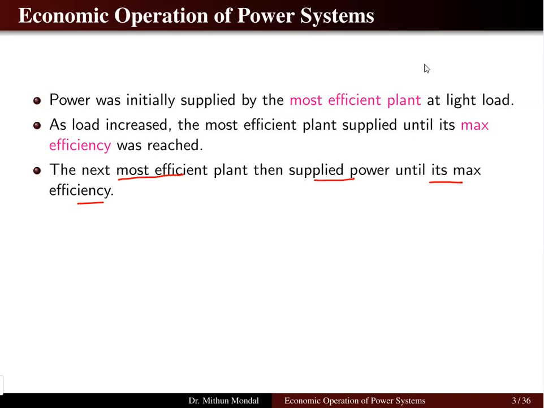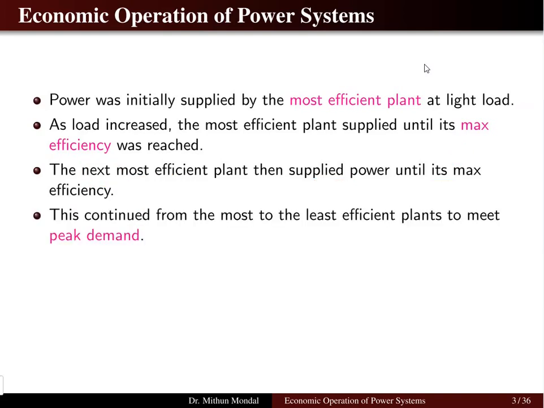So we have many plants working in parallel with each other. Once the first plant has supplied its power, the next plant will supply power up to its maximum efficiency. This continued from the most to the least efficient plant to meet the peak demand.